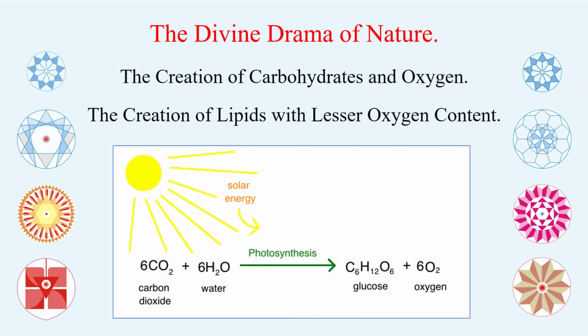Now come to the second stage, creation of carbohydrate and oxygen. Now I am showing you what plants are doing on the earth. You have the sunlight, energy is coming, then 6 carbon dioxide molecules are collected, 6 of water put together, and they do photosynthesis in the plant kingdom to produce 1 glucose, C6H12O6, which is one compound, a carbohydrate or glucose, by and large a monosaccharide.